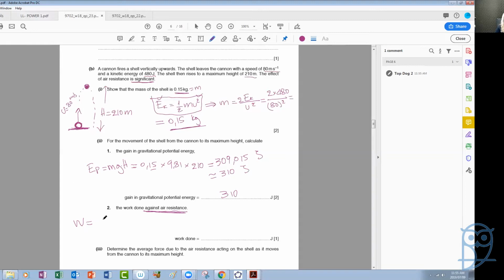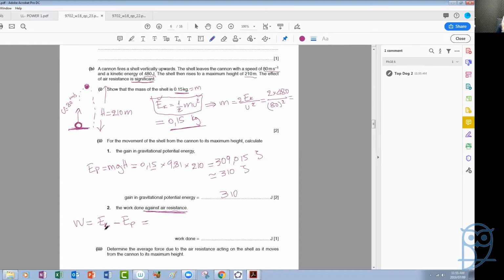So that would be the kinetic energy at the bottom, which we found, which is 480 joules, minus the energy up there at the top, which we just found, it was 310 joules.